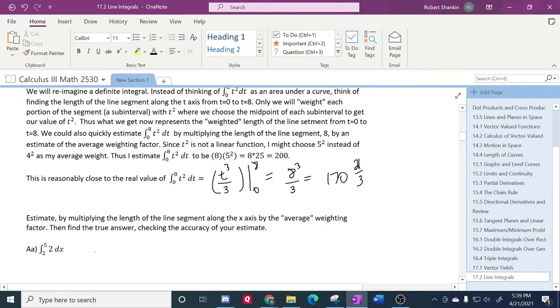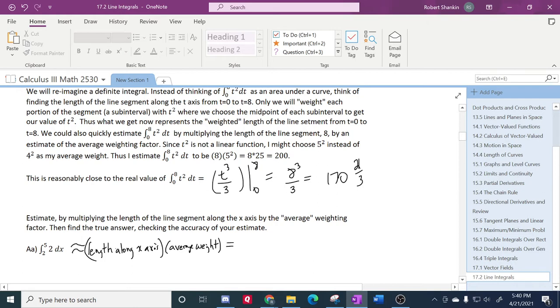All right, my estimate is going to be the length along the x-axis, the length of that line segment, times the average weight, and some estimate that we'll use for average.